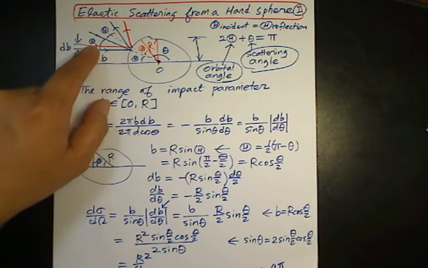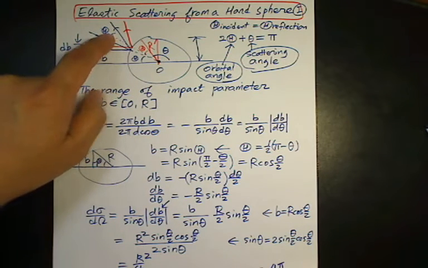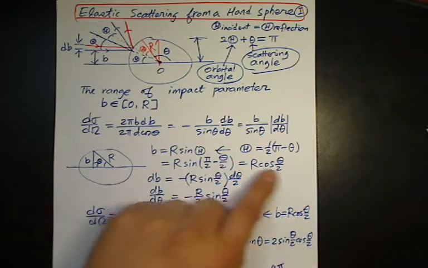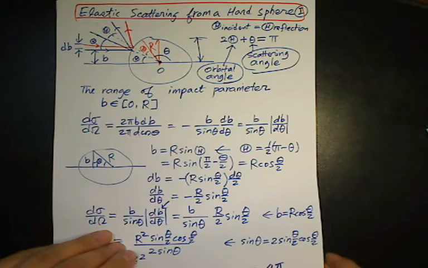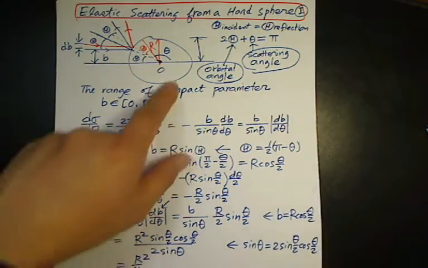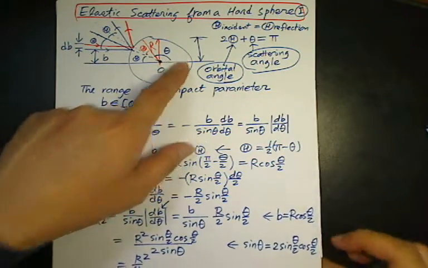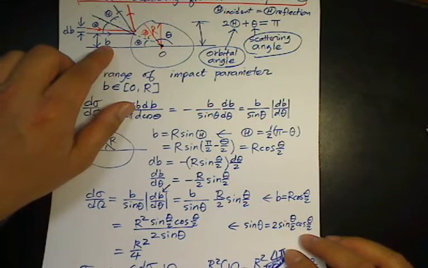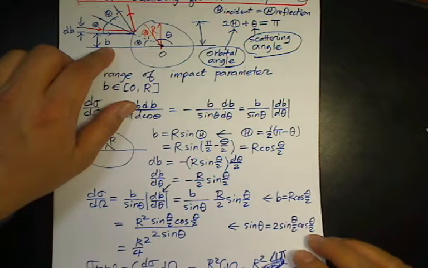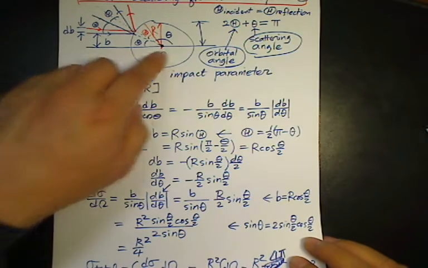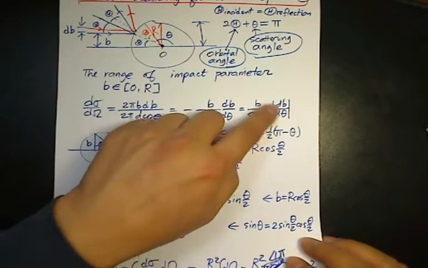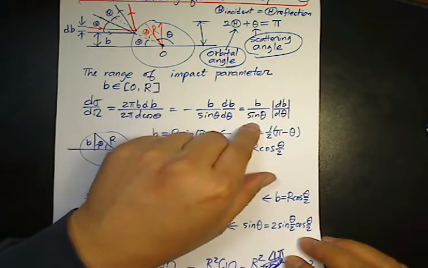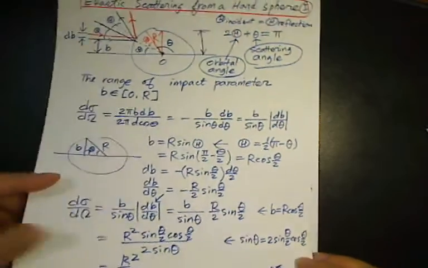Once you know the big theta, you can replace it in terms of the scattering angle theta, express the impact parameter in terms of the scattering angle theta, and find the derivative to substitute into this expression to find the differential cross-section.